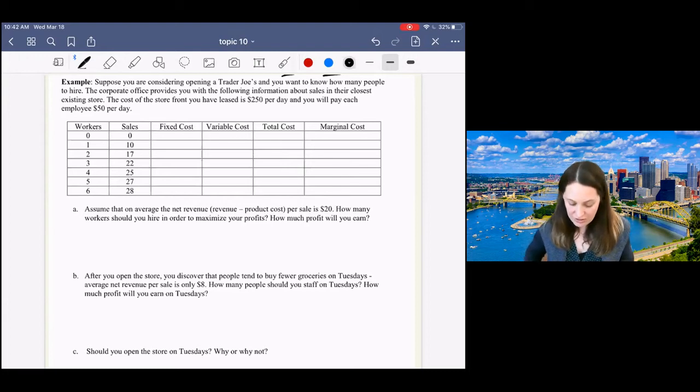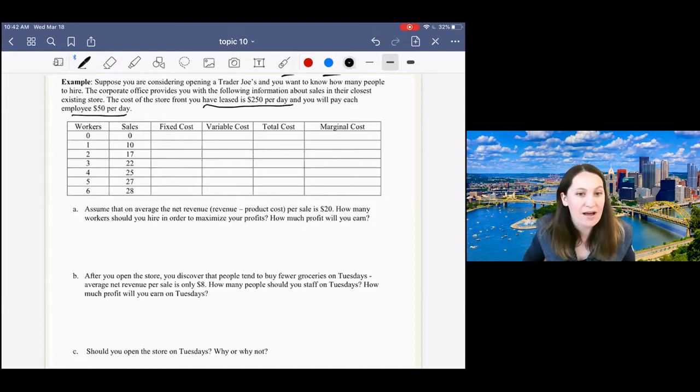All right, so here we have a grocery store, Trader Joe's, and we want to know how many people to hire and how many sales we'll make, and we want to look at our costs to help us understand how we will make these decisions.